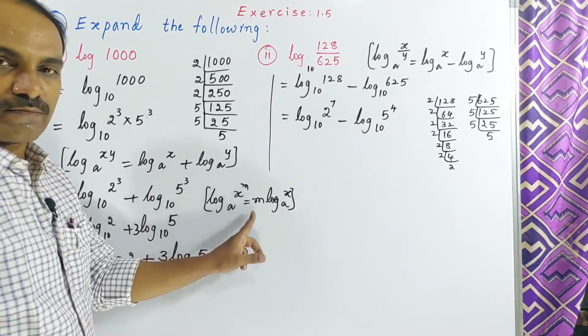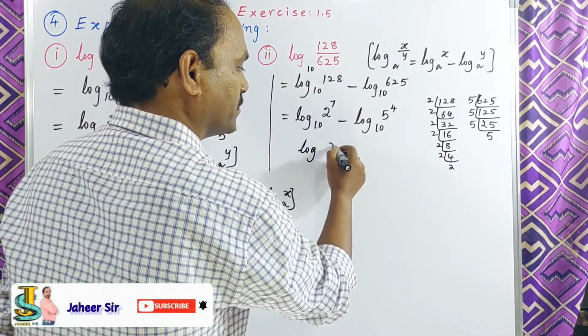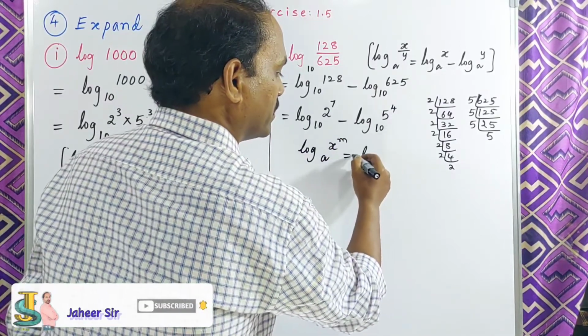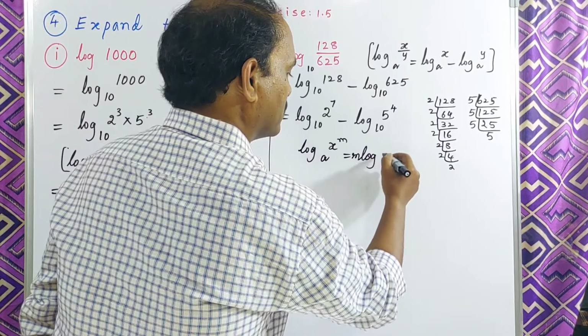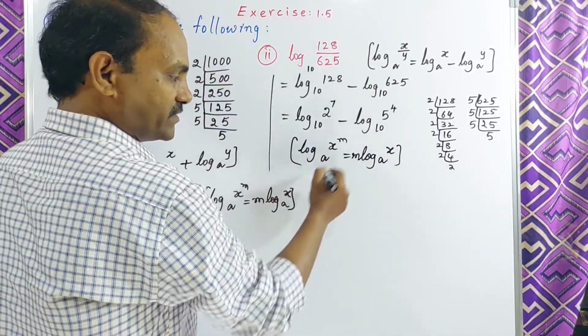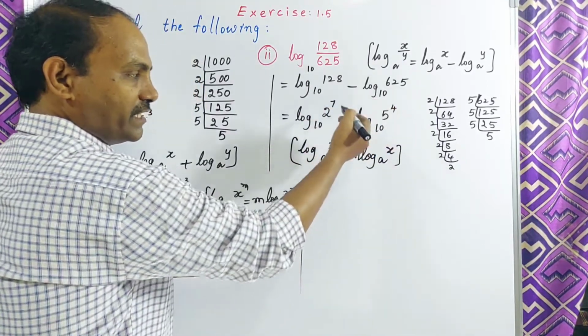Again we use the formula log x power m to the base a is equal to m log x to the base a. By using this formula, we write these exponents in front.